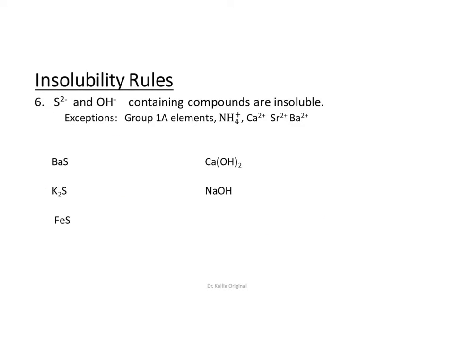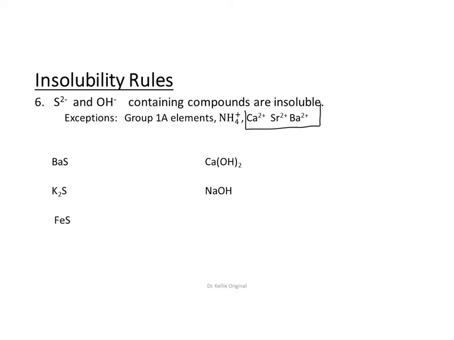Looking at our next rule, compounds that contain sulfides and hydroxides are insoluble. Now our exceptions expand a little bit. If you look, our exceptions are no longer just the group 1A elements and ammonia, but now include, hey, those three suspects we saw before.